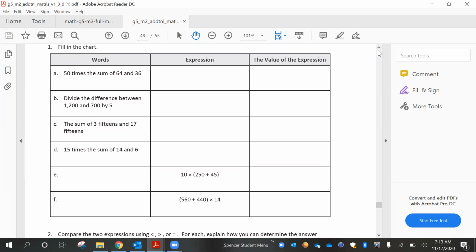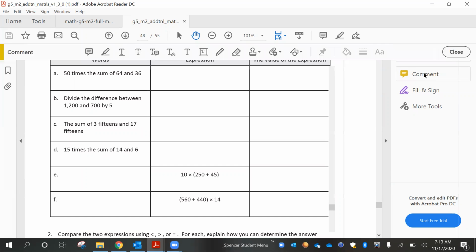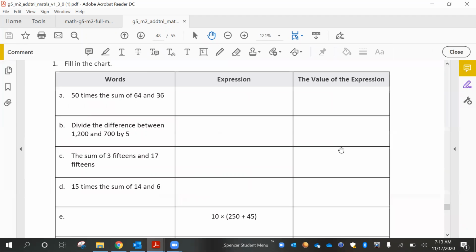So today we want to practice some expression work and then also some more standard algorithm or area model practice, depending on which style you prefer. So let me just get these comment tools using so I can write inside of here. And some of these, for the assessment, I picked 4 of these. So you'll see these on the test tomorrow.